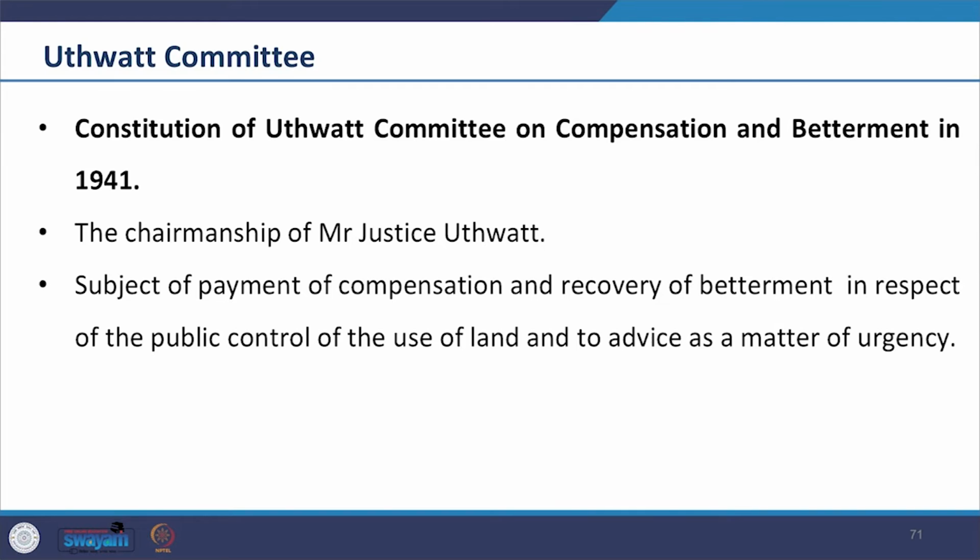Justice Uthwatt to make an objective analysis of the subject of the payment of compensation and recovery of betterment in respect of public control of the use of land, to advise as a matter of urgency what steps should be taken now or before the end of the war to prevent the work of reconstruction thereafter being prejudiced.